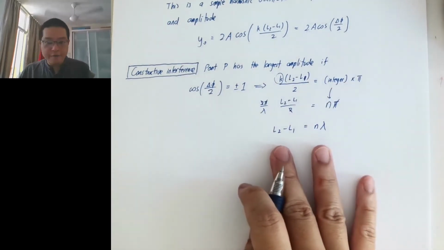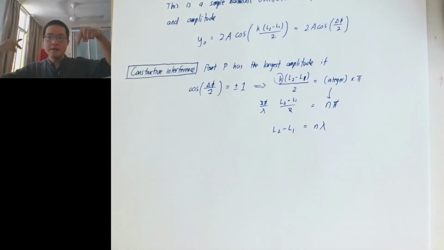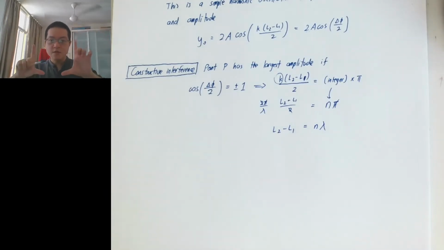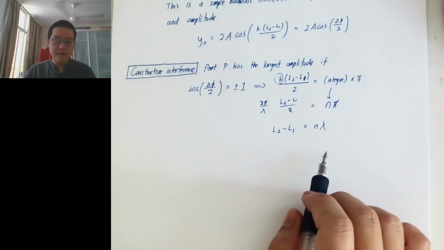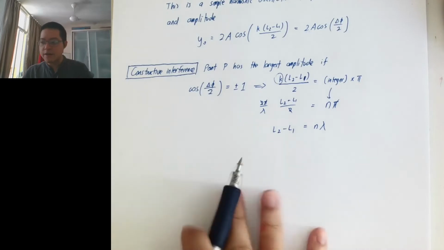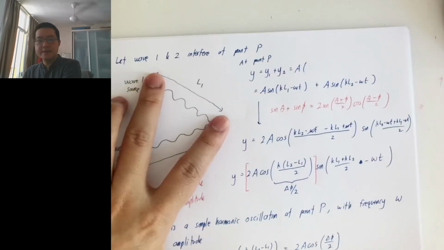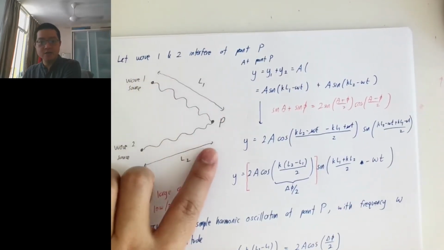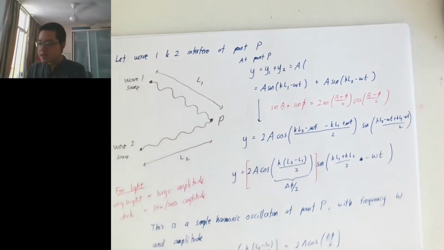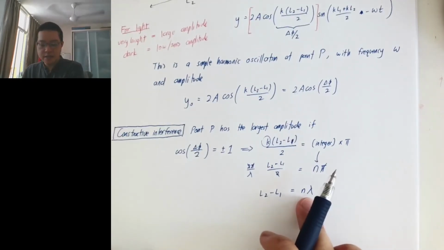So I have found a condition where the two light sources will cause constructive interference, if the distance traveled between L1 and L2 differs by exactly an integer times lambda.